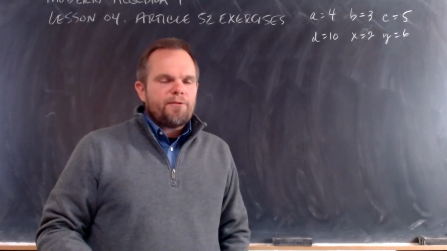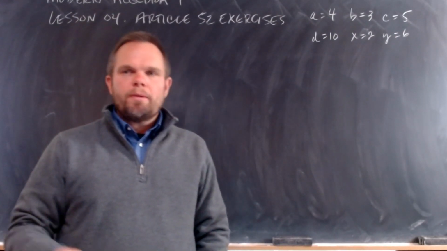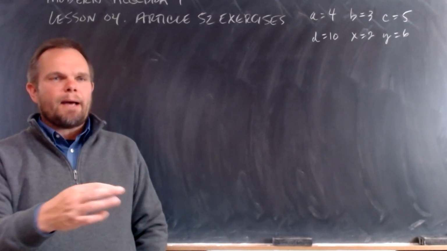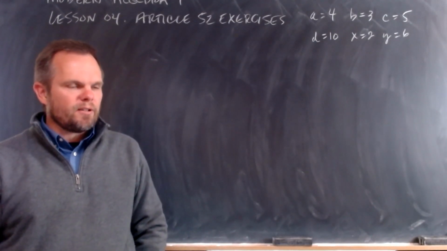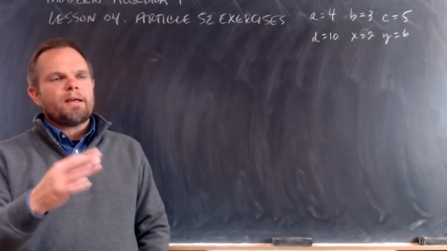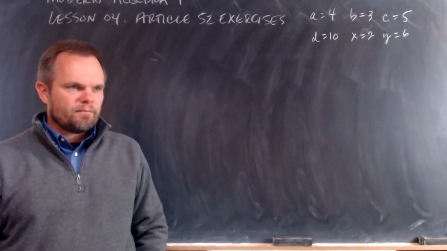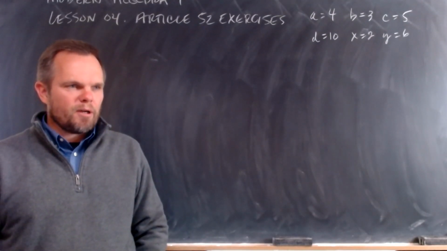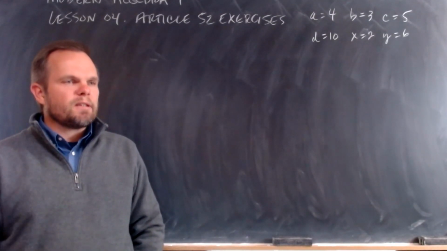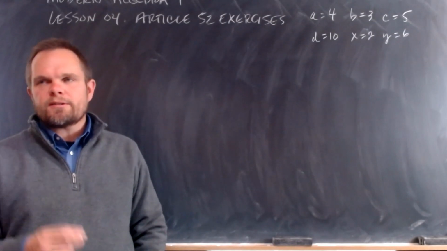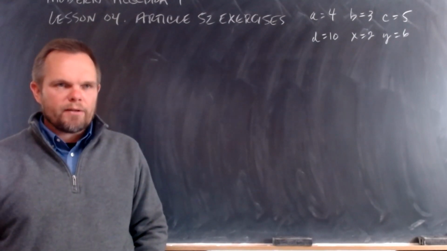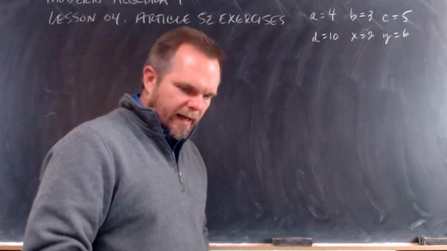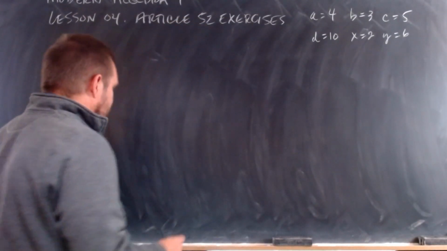So who cares if you can get the right answer? You may just get lucky. Honestly, you may do something that just happens to work and get you to the right answer, but with another problem, it won't. So nobody cares if you get the right answer on this or that problem. You have to be able to give a solution, and the solution is an explanation of how to find the right answer. All right? So the first problem we have here is C plus D minus B.